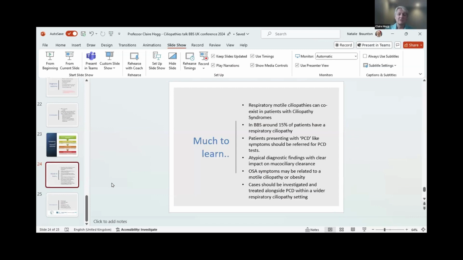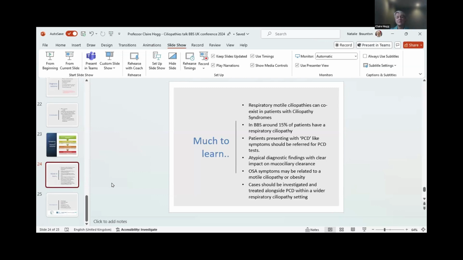In terms of the respiratory illness within the primary ciliopathies, we've actually published on this, but one of my team, Amelia Schumacher, went into Phil's clinic and was screening patients there in the early days of the commission service. And we found that around 15% of patients in that clinic had a respiratory ciliopathy.